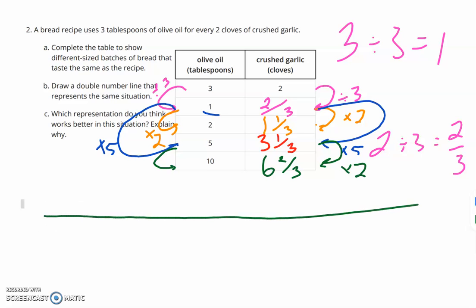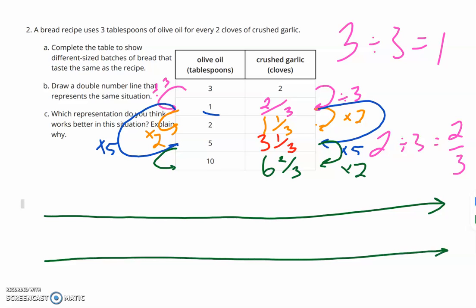So we're going to draw a double number line. On top we have olive oil. And on the bottom we have garlic. We'll start with 0 and 0.